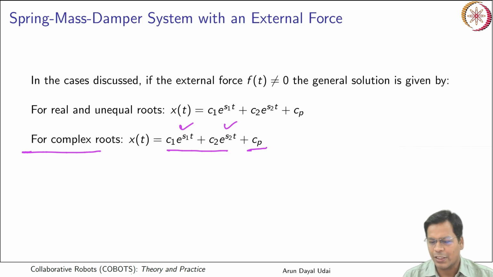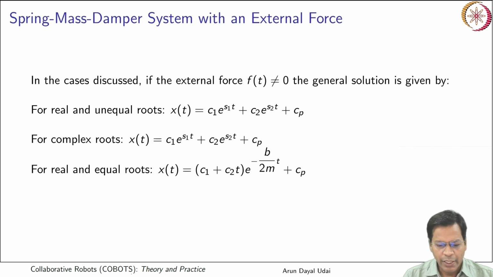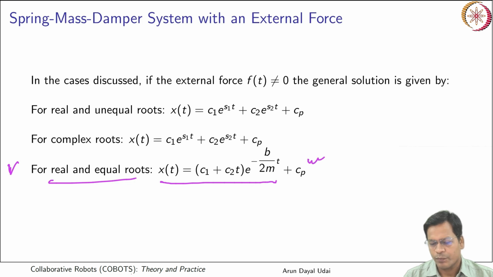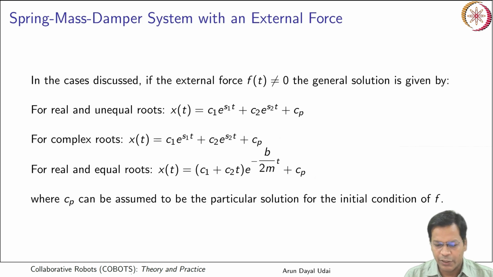That is why it is external. In the case of real and equal roots, you see this equation once again, and this is your Cp. Cp can be calculated using all those initial parameters. Cp can be assumed to be a particular solution for the initial condition of F.